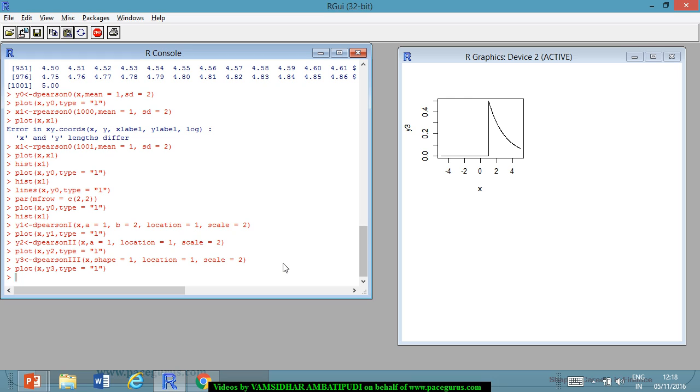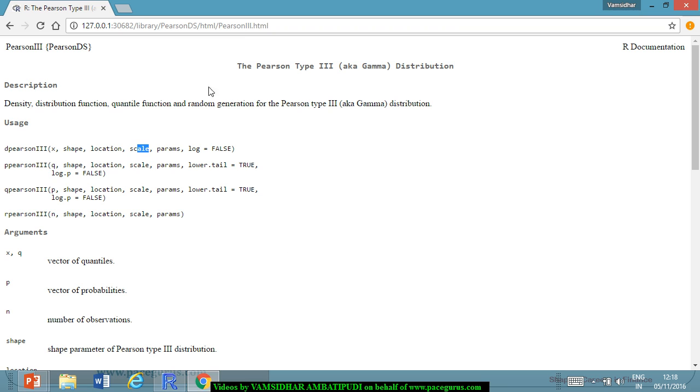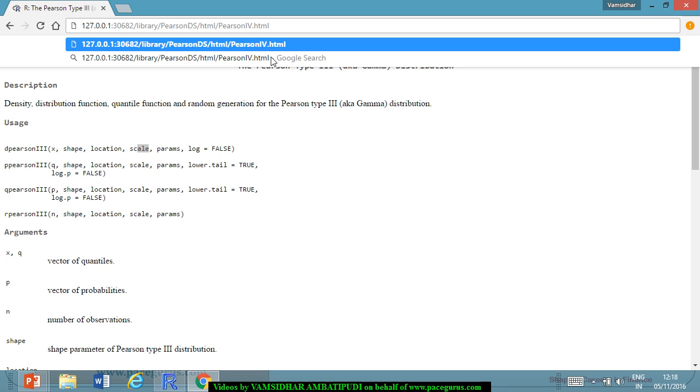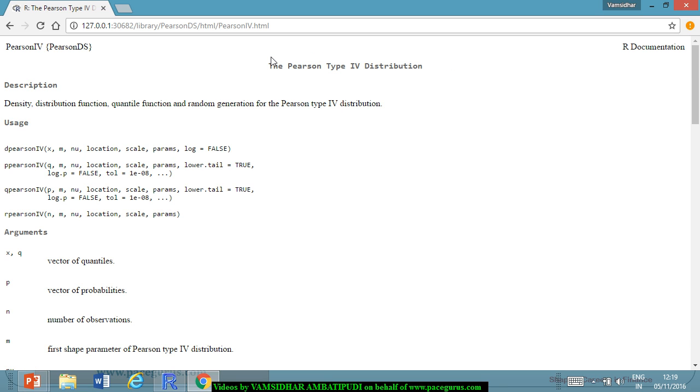So this is where we are seeing that the gamma distribution is more and more associated with the positive values itself. Now moving on to the fourth one. Now for all these things you could very well generate the corresponding random values. We could get the probability distribution function, or even the quantile functions as well.